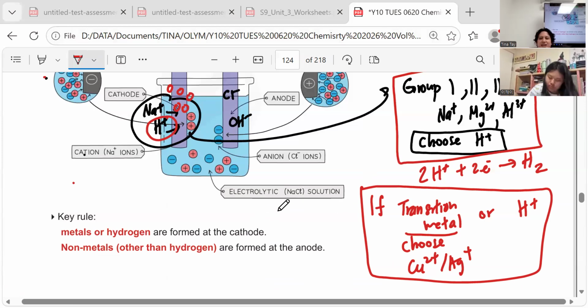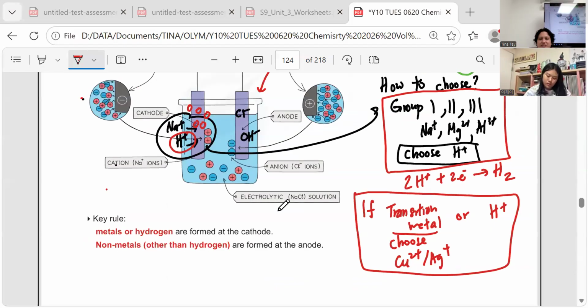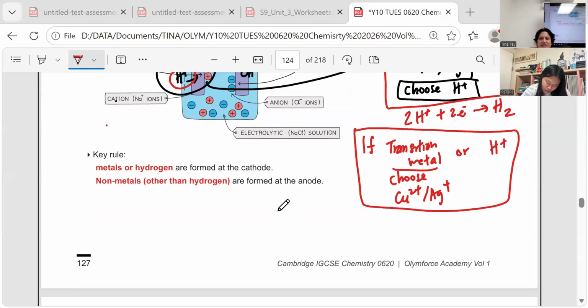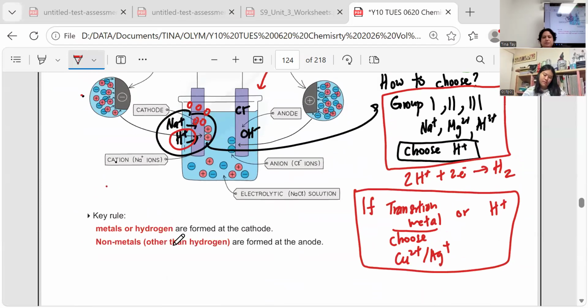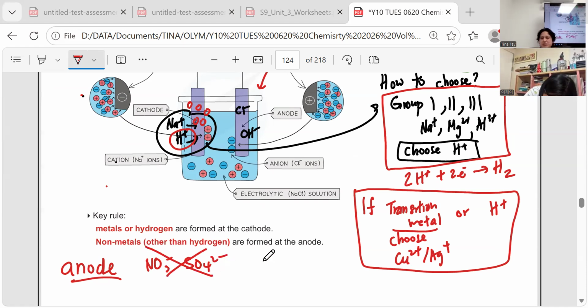Okay, last thing. Anode. Anode is easier. Anode, if it is nitrate, sulfate, you never choose them.